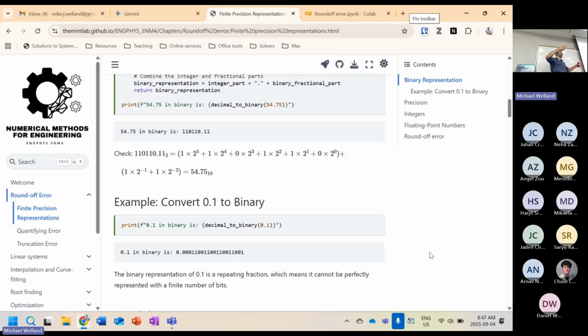So that's 0.5. It's tricky. It's not just 2 to the power of 0. It's actually 0.5, and then you have to subdivide that and subdivide that and subdivide that, and you end up getting this funny number here.